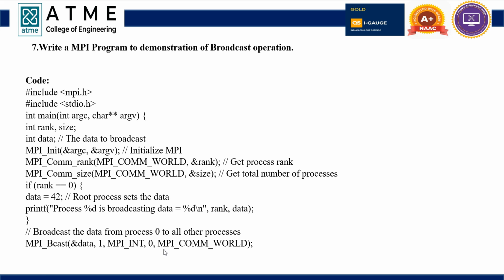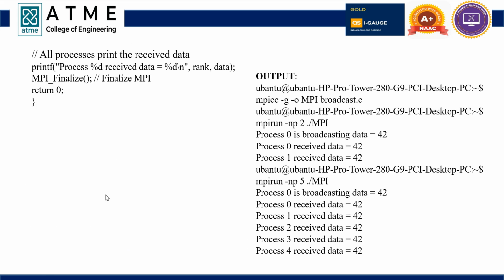Here after MPI broadcast, all the processes, including the root, will have the same value of the data after the communication. Then all the processes receive the same data and print that this process has received the data, and finalize the MPI and then return.